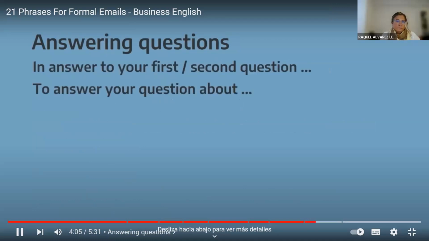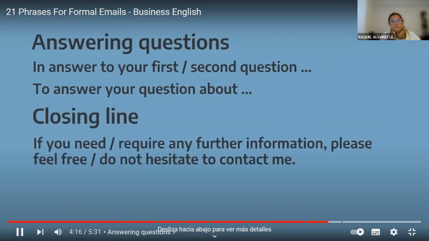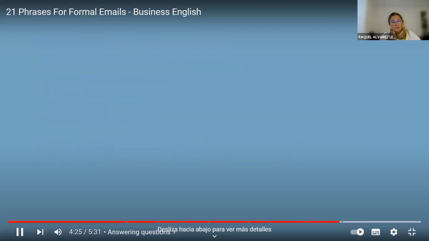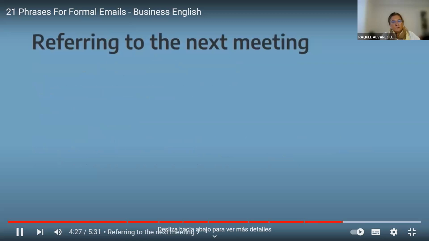And now we come to the end of the email, the closing lines. And sometimes we want to offer more communication. So a typical way to do this would be to write, if you need or require any further information, please feel free, or please do not hesitate to contact me. Then we sometimes want to refer to the next meeting.